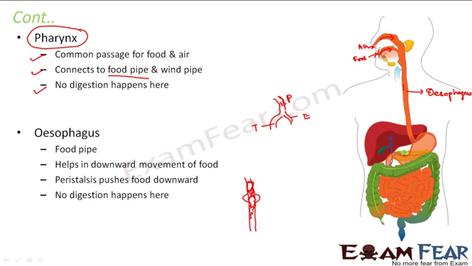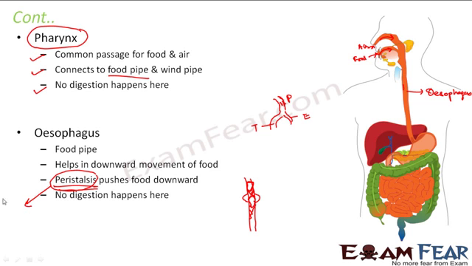So with the contraction and relaxation of the muscles on the wall of this esophagus, the food is favored to move in the downward direction. This rhythmic contraction and relaxation movement is known as peristalsis. So what is peristalsis?